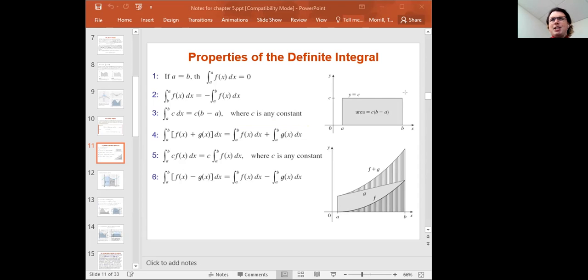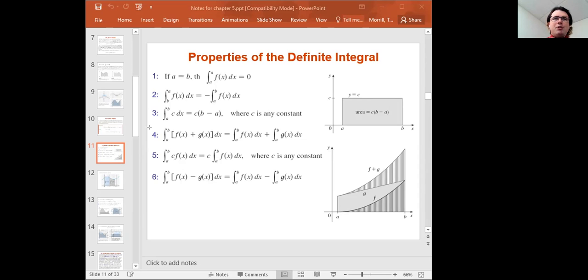If your height is c the whole way through, and you start at a and you stop at b, our width is the quantity b minus a, and areas of rectangles are simple. They're just the product of the height times the width. In fact, that was the whole thing that got us started out down this path.